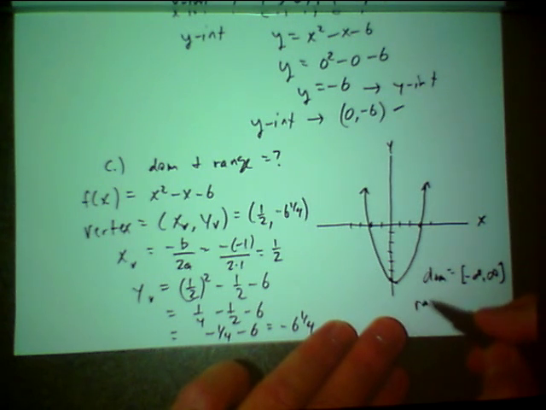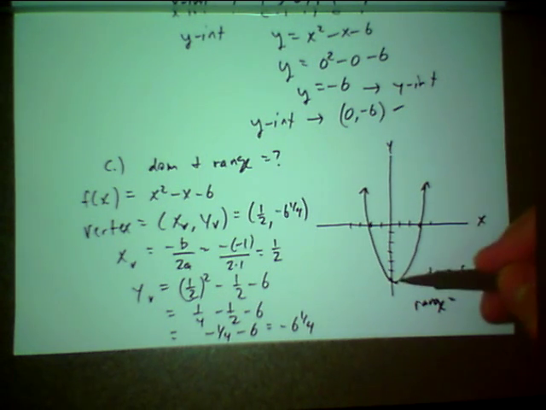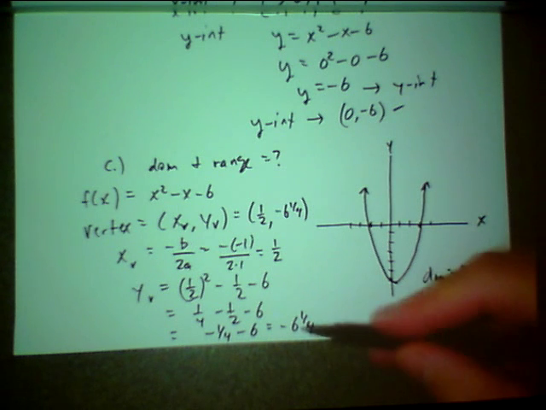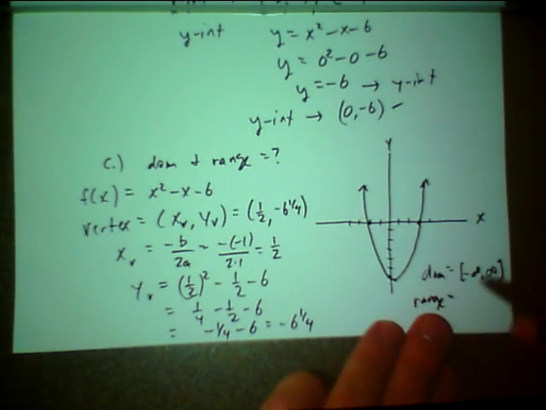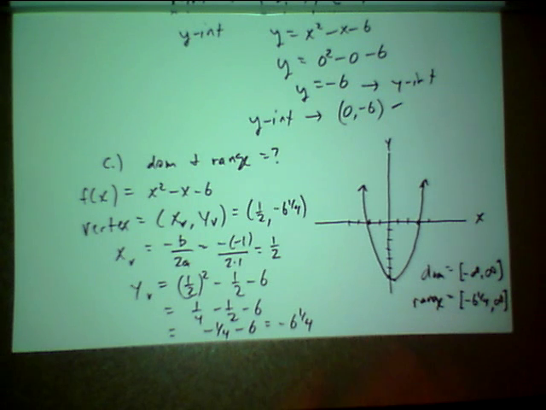Now the range is the values of y. What's the smallest value of y? What's the farthest down this graph goes? And it's going to be my vertex. And it turns out it's negative 6 1/4. So negative 6 1/4, and it's going to go to infinity.